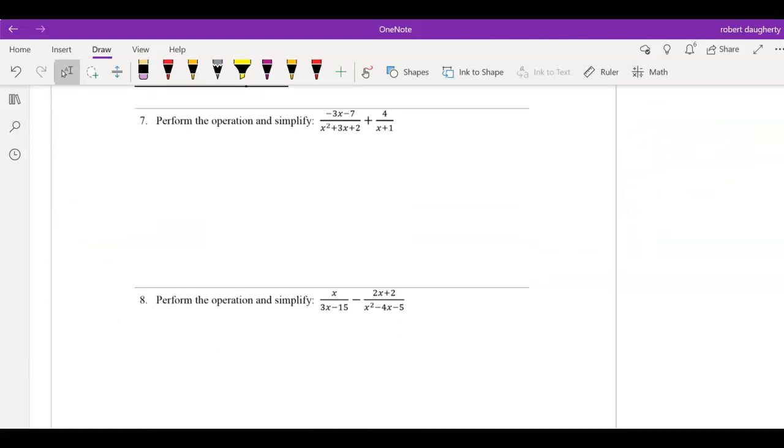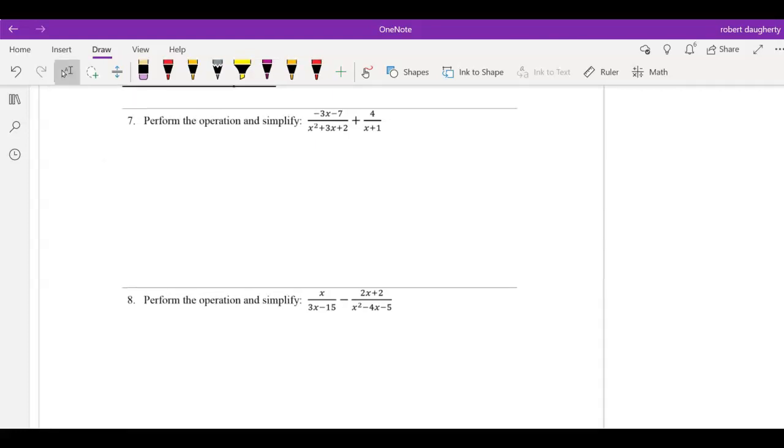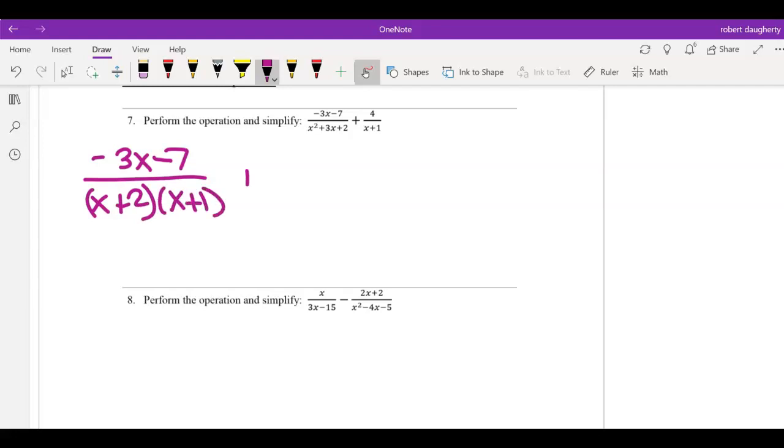Now, performing operations like addition and subtraction, keep in mind you're going to need to find a common denominator. So I have to keep in mind all of my factoring. So this is negative 3x minus 7 divided by, that can factor as x plus 2 times x plus 1, plus 4 over x plus 1. The common denominator is going to be x plus 2 times x plus 1.